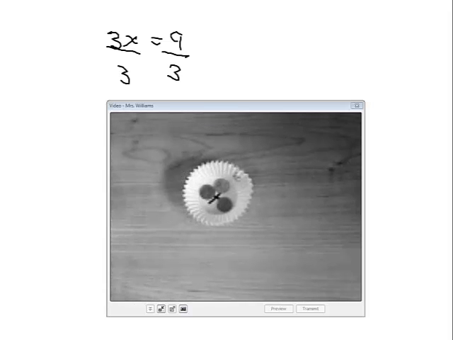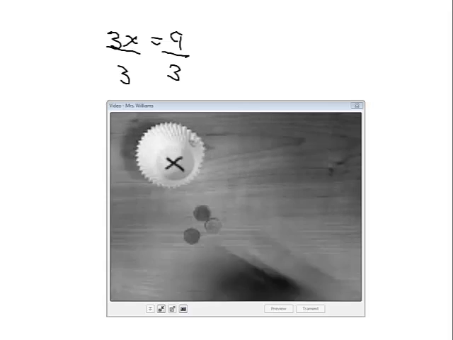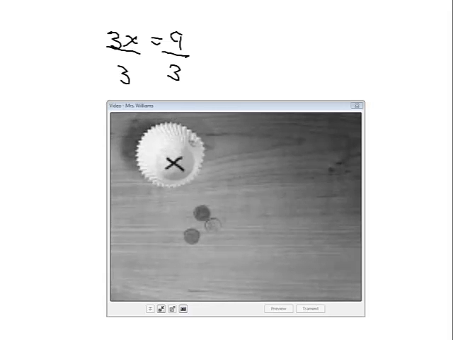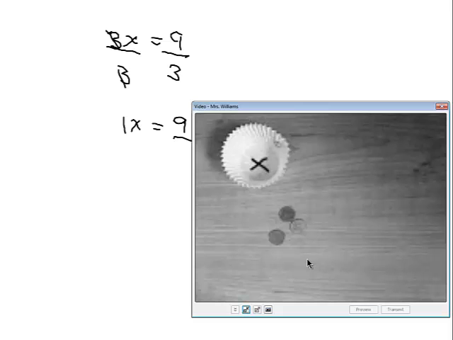And for our answer, we're only looking at 1 x box, so let's take the other 2 away and see how many pennies are left. So we know 3 divided by 3 is equal to 1. So 1 x box has 9 divided by 3 pennies, or x is equal to 3. Okay, so this is how we show on paper what we were doing with our x boxes and our pennies.